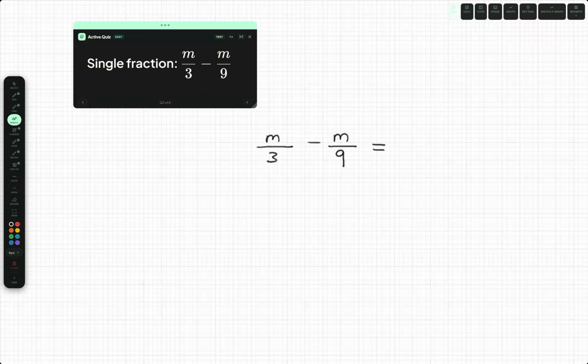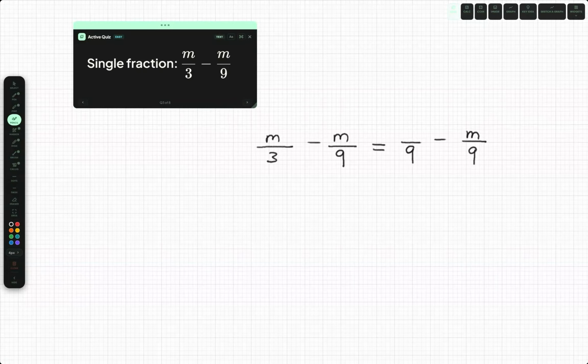If we're going to list multiples of 3 and multiples of 9, the lowest one would obviously be 9. So we can start off with that, minus something over 9. And because this is already the same, we can just keep it. And to get from here to here, we've multiplied by 3, so we have to do the same to the numerator.